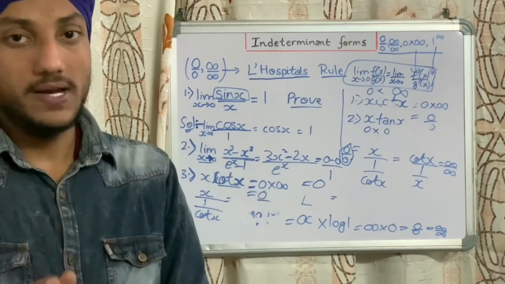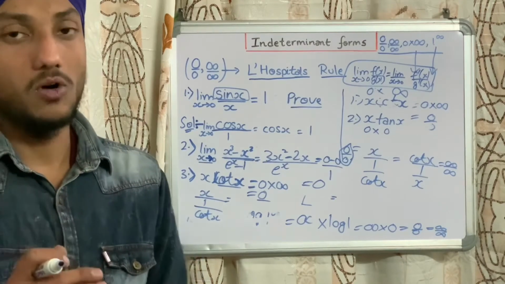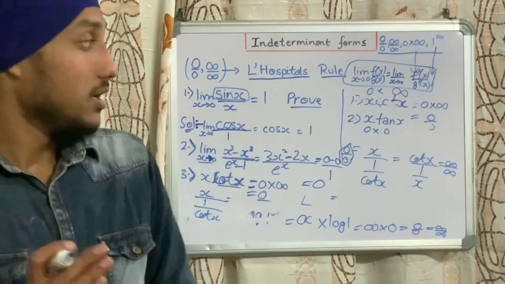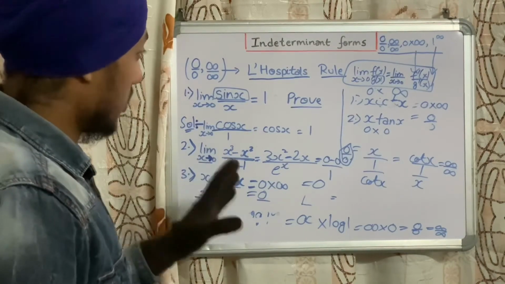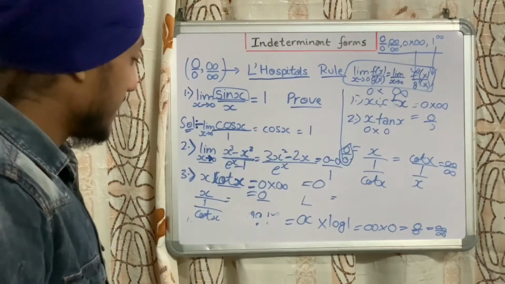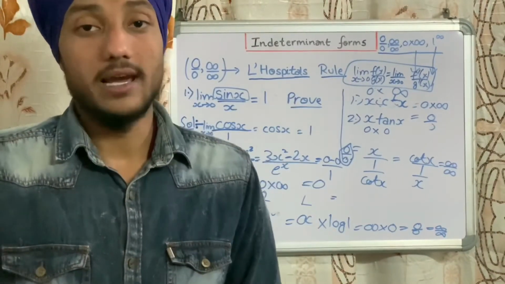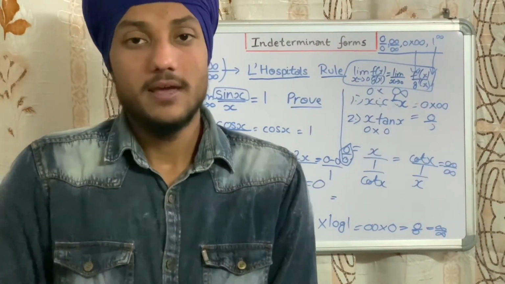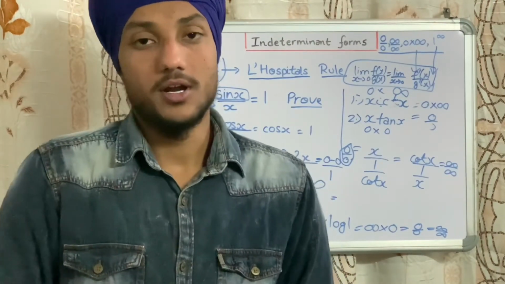We must note whether it is 0 by 0, our base form, or not. This is the basic method to apply L'Hopital's rule. It makes calculation very easy, smart and not lengthy, a shorter and tricky method.